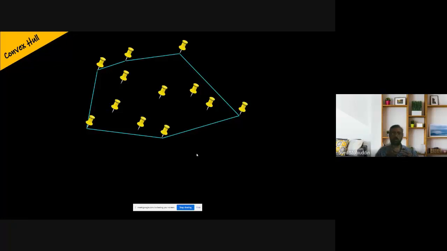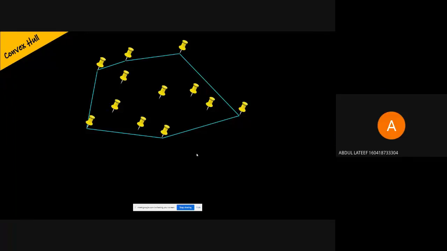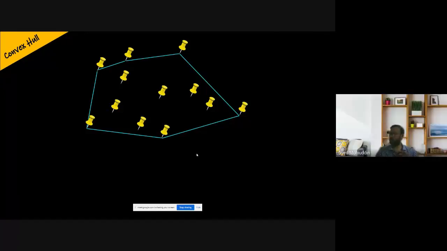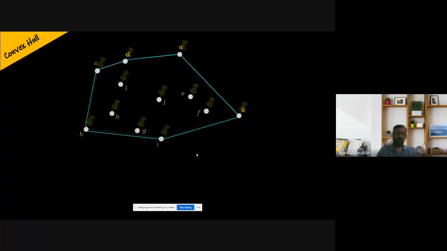Now there are different ways, even different algorithms, of solving this convex hull problem. Let us look at the first method of solving this, a brute force approach.